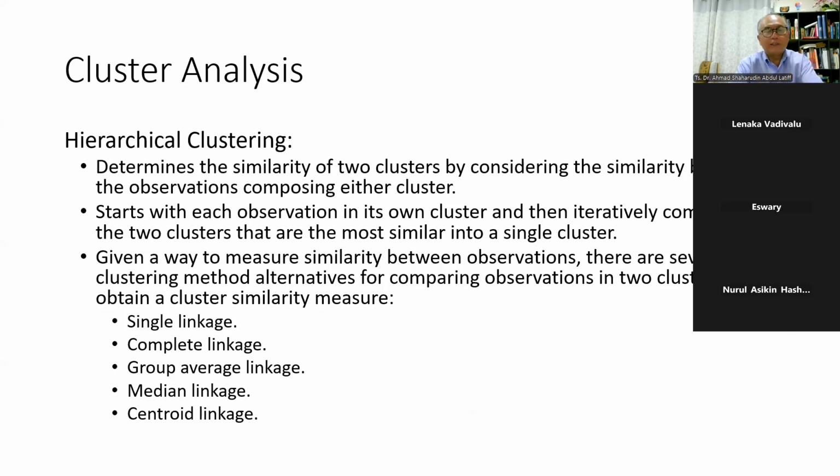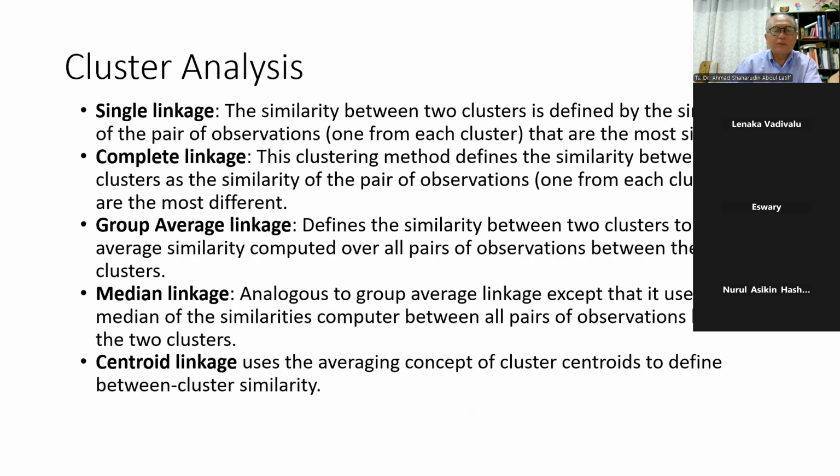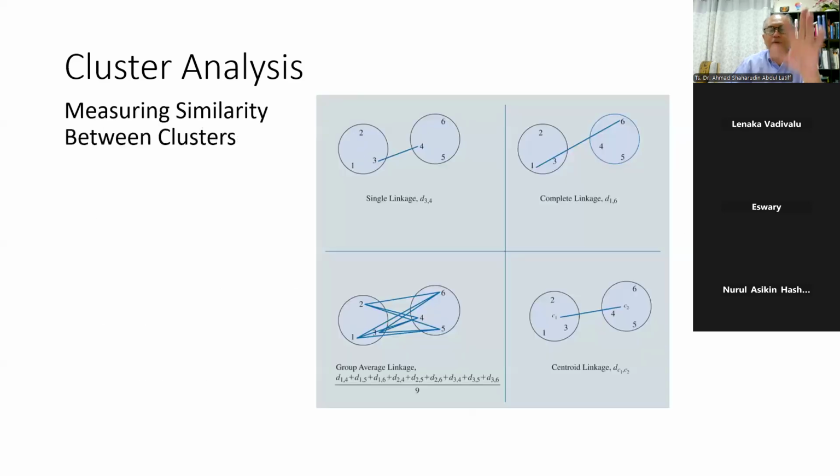How do you develop your cluster analysis with hierarchical clustering? There are several methods: single linkage, complete linkage, group average linkage, median linkage, and centroid linkage. I will not go through the detail, but I will show you in the diagram here. With single linkage, you can see here, single linkage between 3 and 4.